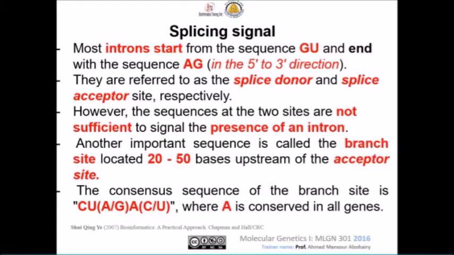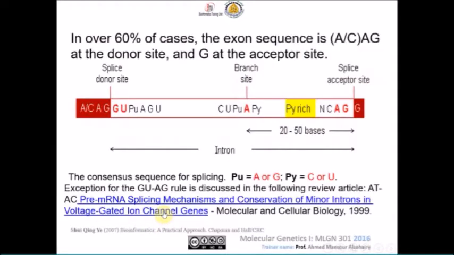The consensus sequence of the branch site is usually CU, then any purine like A or G, then A, which is conserved, and then any pyrimidine like C or U. Let's see how it looks. In over 60% of cases, the exon sequence ends like this with AG, and this is called the splice donor, and at the end we have the splice acceptor, which starts after AG.